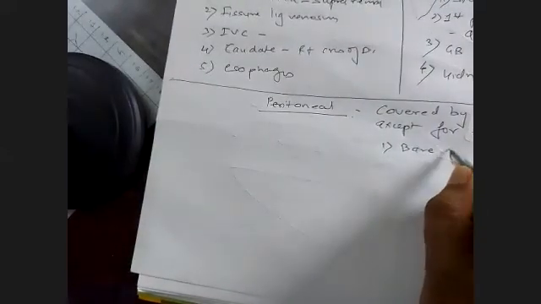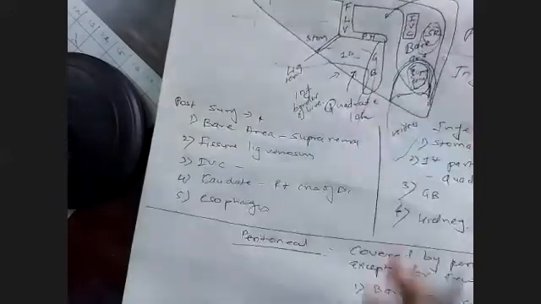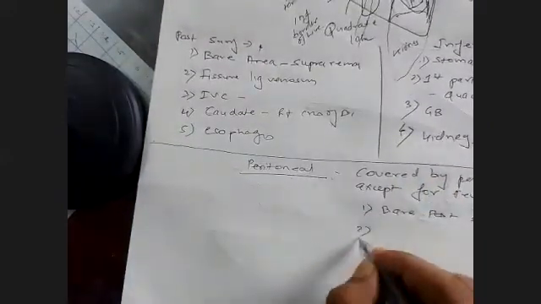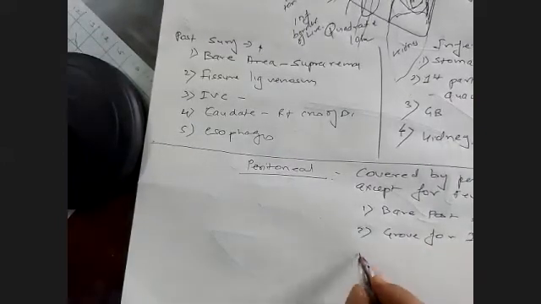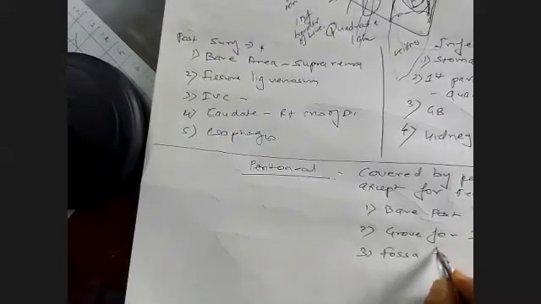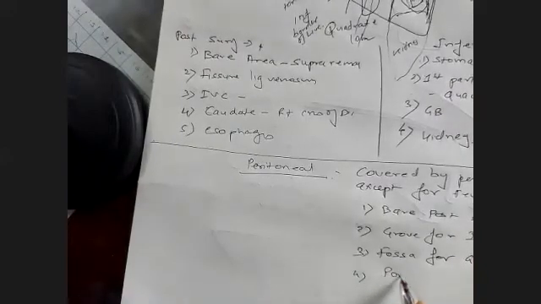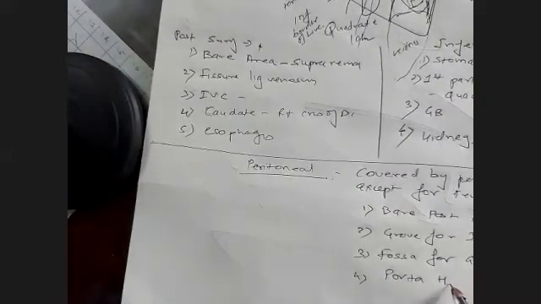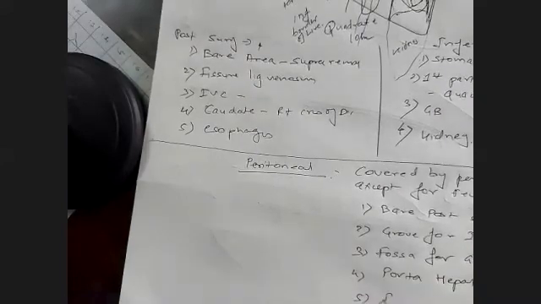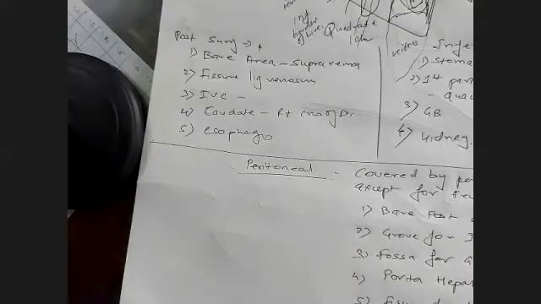One is the bare area on the posterior surface, where the suprarenal is related. This is a large bare area. Two, the groove for IVC. Then fossa for the gallbladder. Then porta hepatis. Fissure for ligamentum venosum.